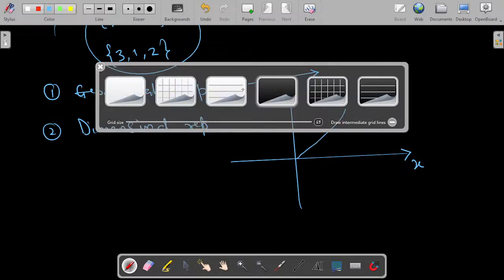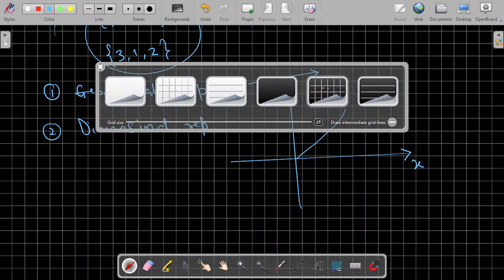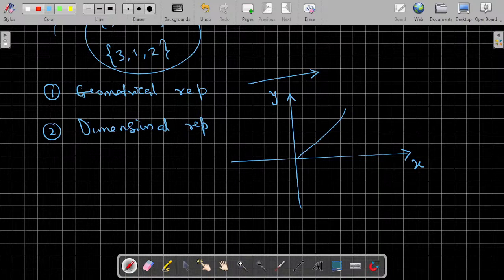Let me use this graph to show what I want to show here. There's a reason why I'm making this explanation: we bring all of this in your exam and some people find it difficult. So let's take it that you have something like this.